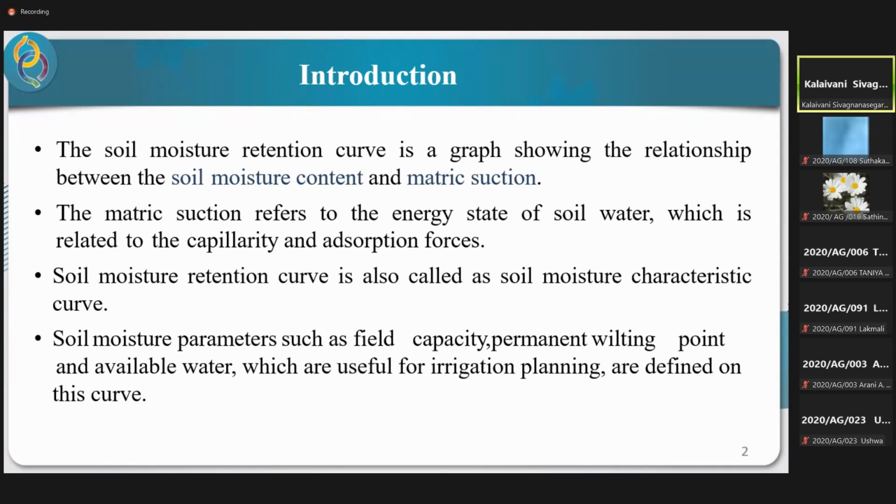For each and every practical, there is a purpose, no? So why do we need to study this? Why do we need to know the soil water content or soil moisture content? Just the basic thing.